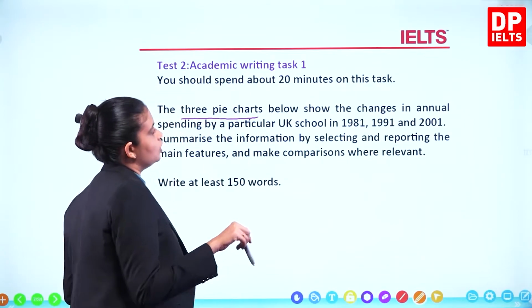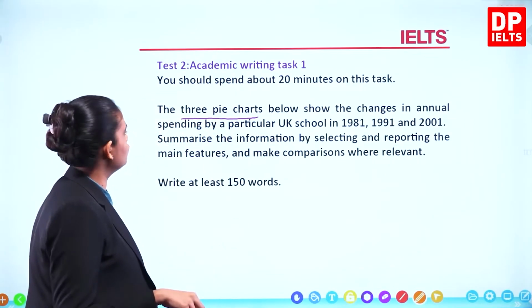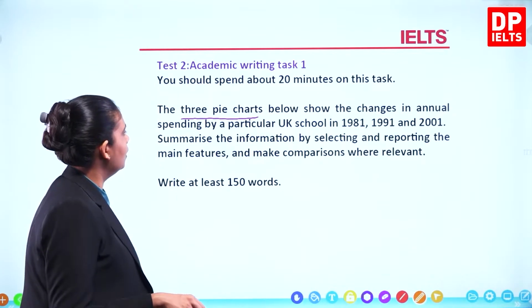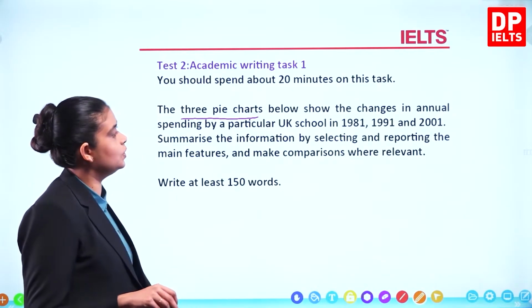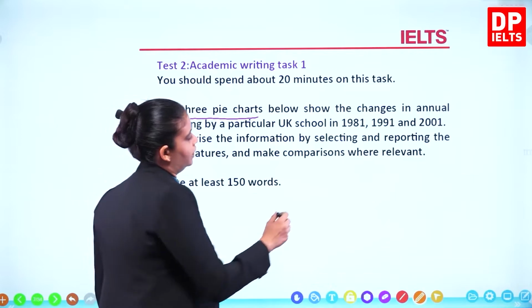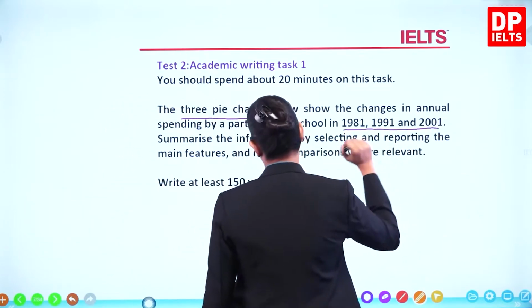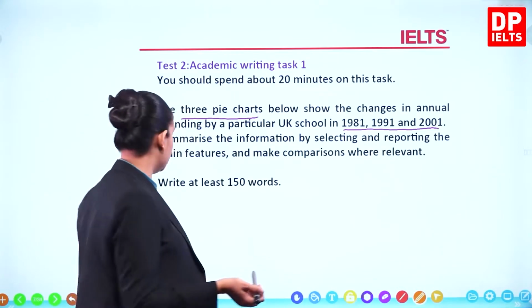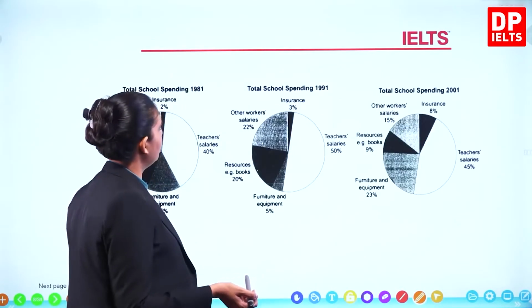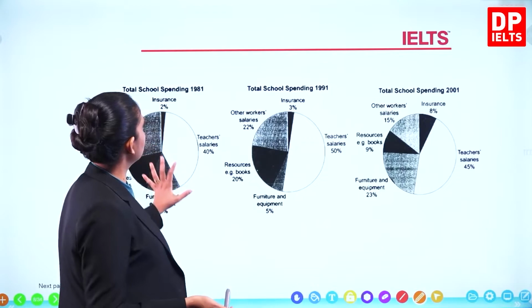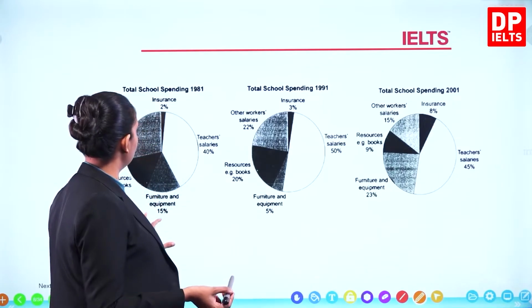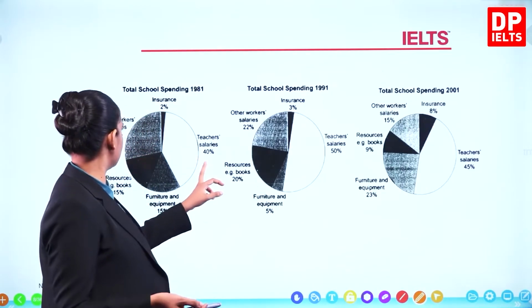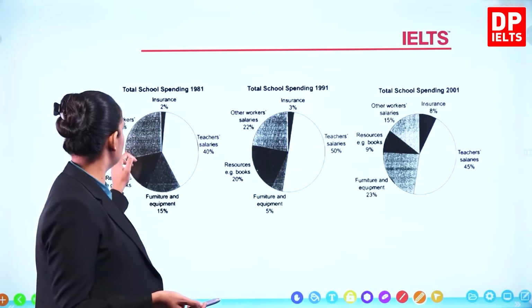The 3 pie charts below show the changes in annual spending by a particular UK school in 1981, 1991 and 2001. So we're supposed to summarize it. Now let's have a look at the 3 pie charts. Total school spending in 1981, right? Most of it was on teachers' salaries and then other workers' salaries.